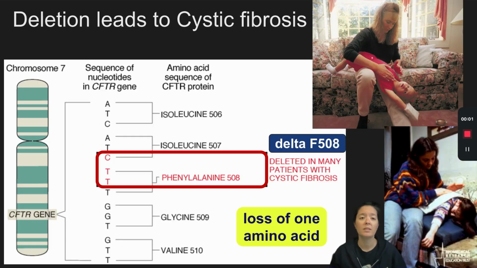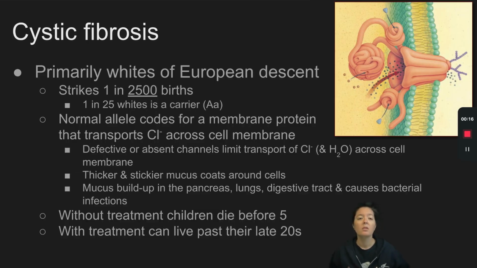A nice real-world example of a frameshift mutation is cystic fibrosis. By losing one amino acid, so changing just one little tiny piece of this protein, creates a really debilitating disease. So cystic fibrosis is found primarily in whites of European descent. The frequency is about 1 in every 2,500 births, and 1 in 25 whites is a carrier of this disease.